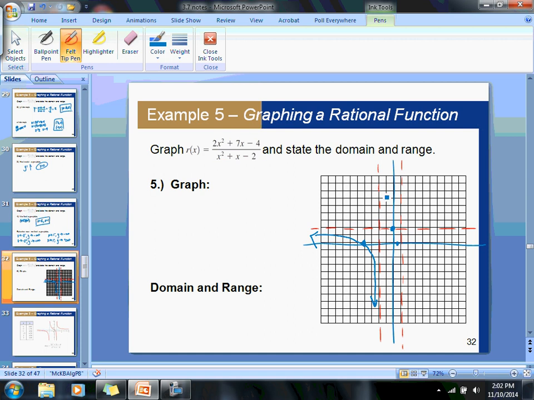So that means that this part of the graph is starting up high on the y-axis. And then you can see that I actually cross the horizontal asymptote and then go down towards my other vertical asymptote. So in this middle region here, my graph does a little bit of a curve.